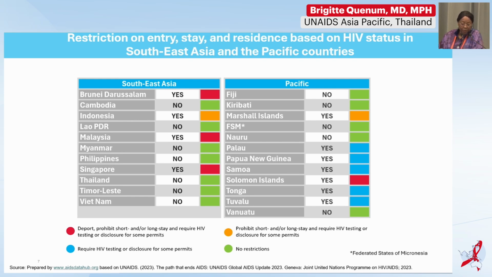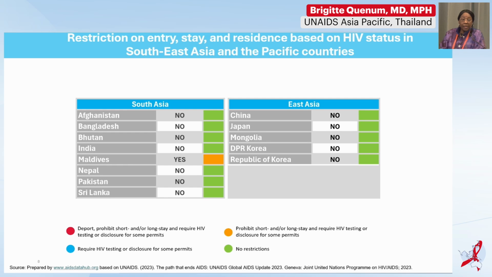And this is one of the examples of punitive laws and policies on entry, stay, and residence based on the HIV status of migrants. I'm not going to detail all, but you can see in different sub-regions, Southeast Asia, Pacific, the countries where it's yes or no, and then South Asia, East Asia.